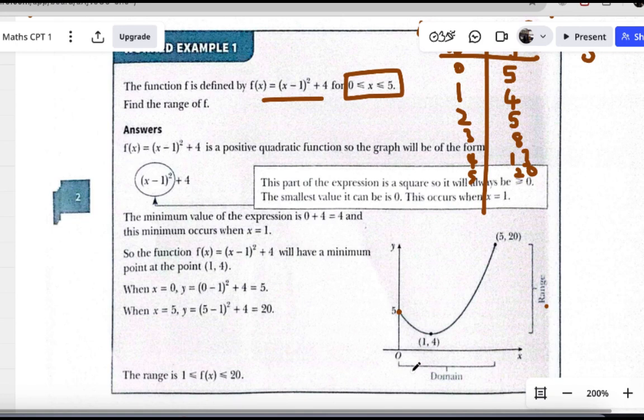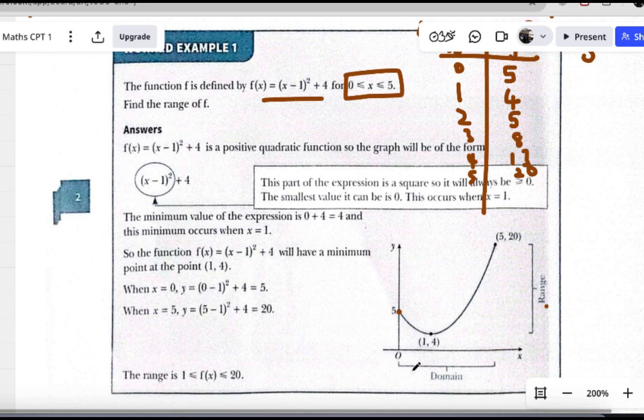When x is 0, when we substitute, we get y to be 5. And when x is 5, we get y to be 20. But because here is the minimum point, we range it from f of x less than or equal to 20 and greater than or equal to 1. Okay? So that is for this one.